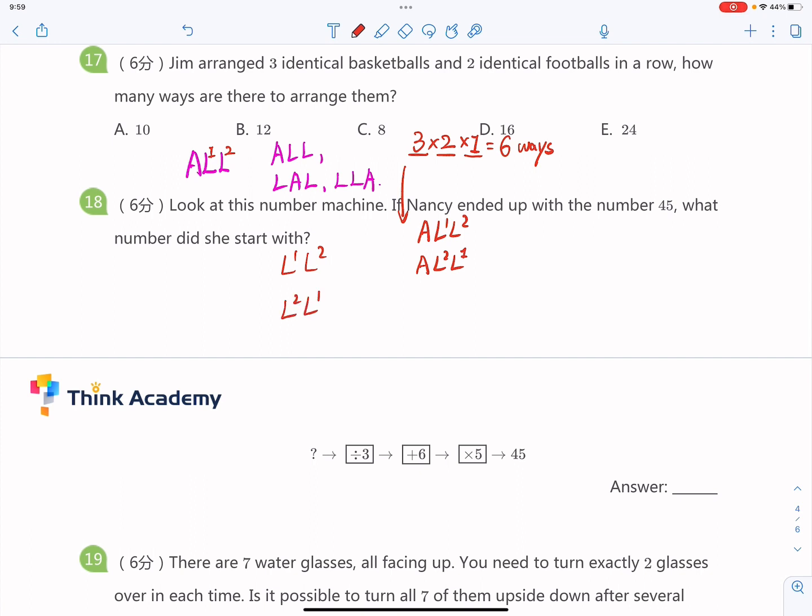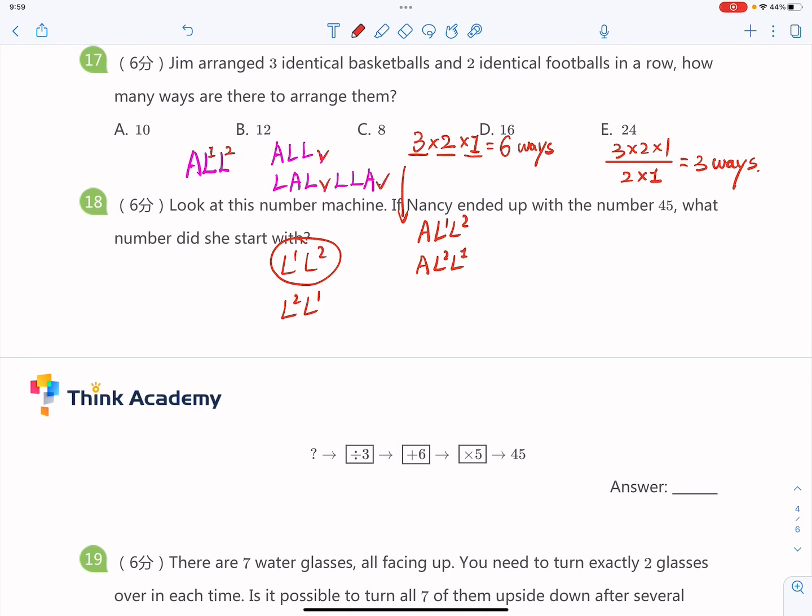And then we'll have this duplication, and we have to get rid of that duplication. Then you have to use 3 times 2 times 1 divided by the duplication, which is 2 times 1. Because if you want to list the L1 and L2 in a row, that will be 2 different ways to do that. If you cancel it, you will have 3 ways, right? And just as we list here, you got 3 ways.